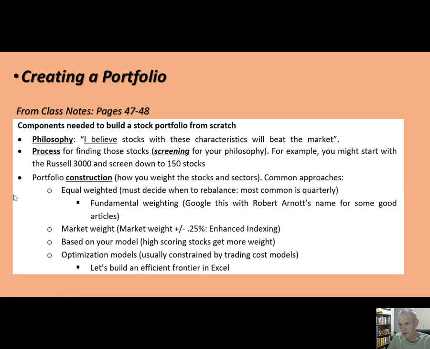You can do your weights, your construction, based on your model. You might score stocks. One thing I like, JP Morgan had a model where they have a lot of analysts in all different industries, all different sectors. JP Morgan takes the stocks those analysts are following on the sell side, and they put them in quintiles: top quintile, then second, third, fourth, and fifth.